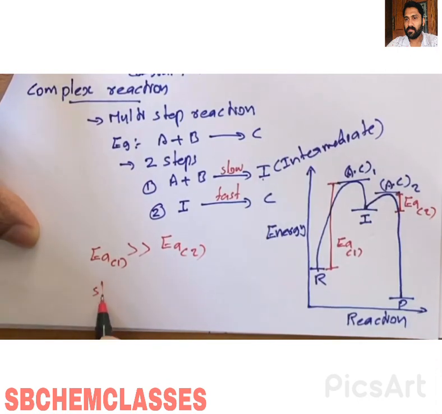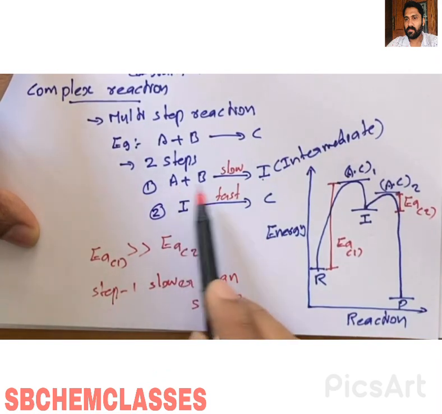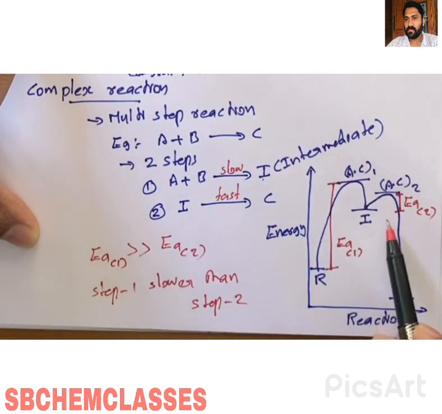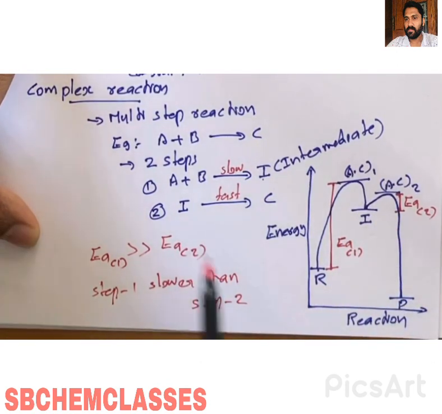That means step 1 is slower than step 2. If step 1 were faster than step 2, the graph would be just reversed. So in this graph, step 1 is slow, step 2 is fast. So step 1 has higher activation energy than step 2.